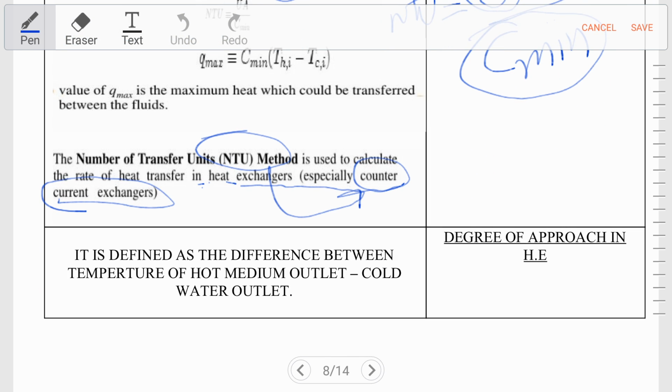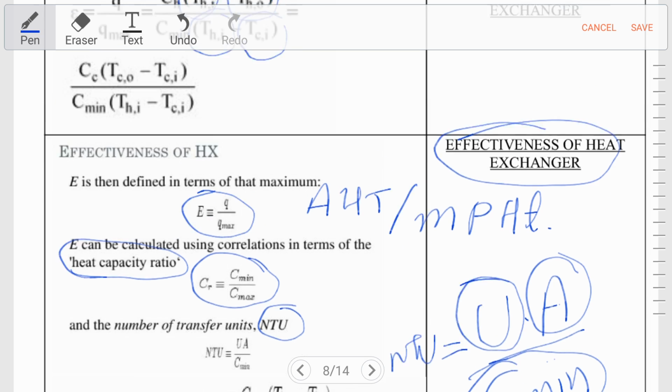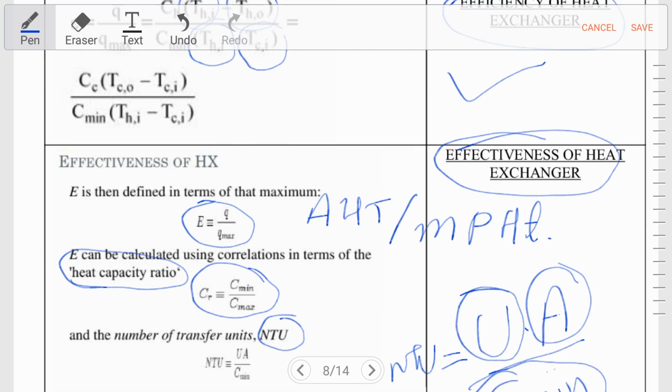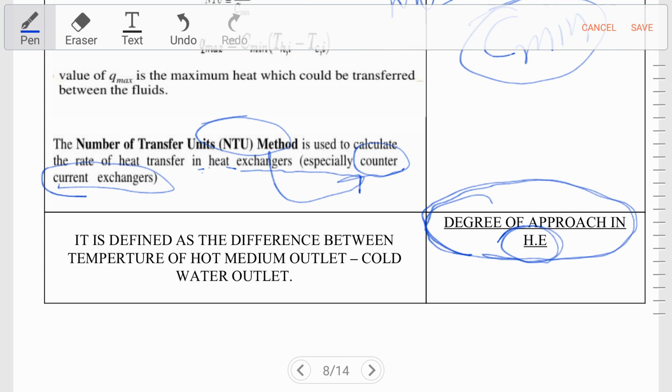Now another important term, degree of approach. Well, degree of approach in heat exchanger. We have seen effectiveness of heat exchanger, and we have also seen efficiency of heat exchanger. So keep in mind efficiency, effectiveness, and the degree of approach in heat exchanger. It is defined as the temperature difference between the temperature of hot medium outlet minus the temperature of cold water outlet.